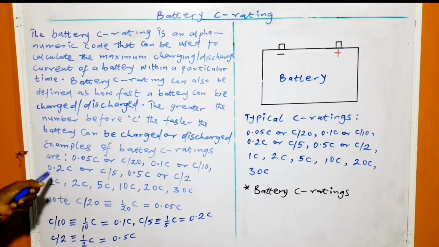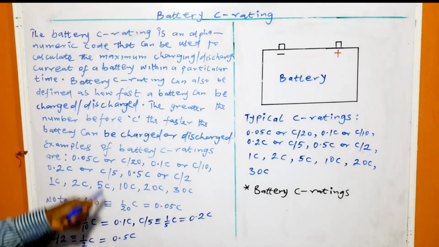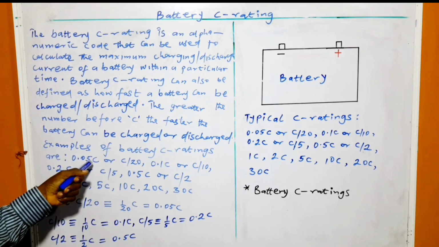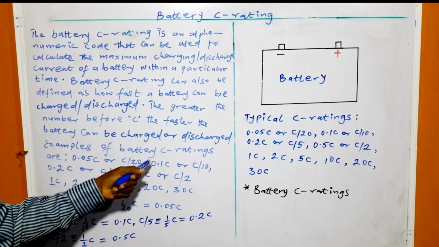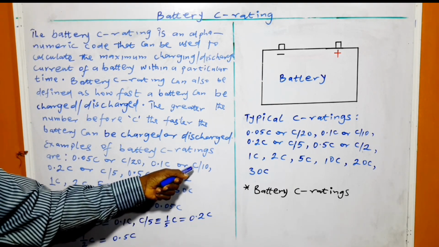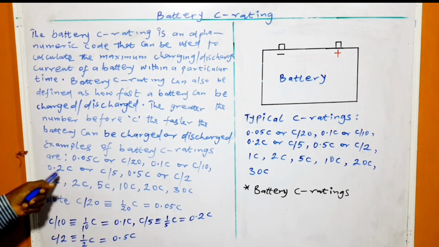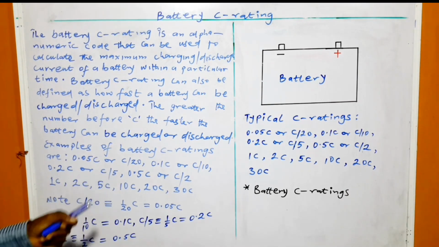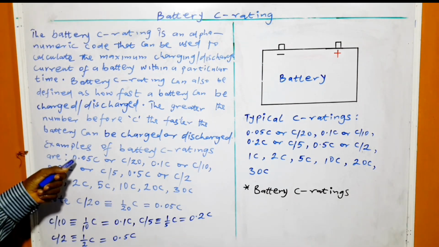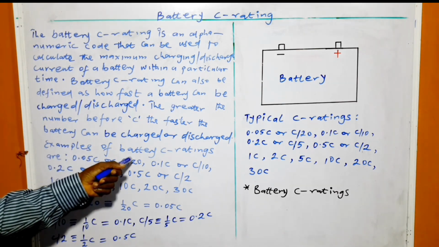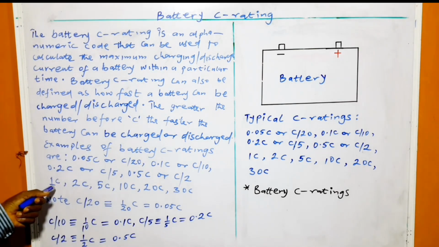So these are examples of battery C ratings: 0.05C or C/20, 0.1C or C/10, 0.2C or C/5. Just as we have 0.05C or C/20, we have whole numbers also, in this case 1C, 2C, 5C, and so on.